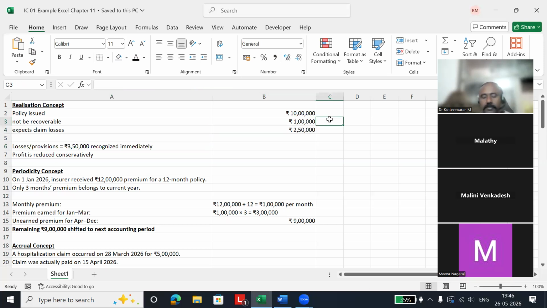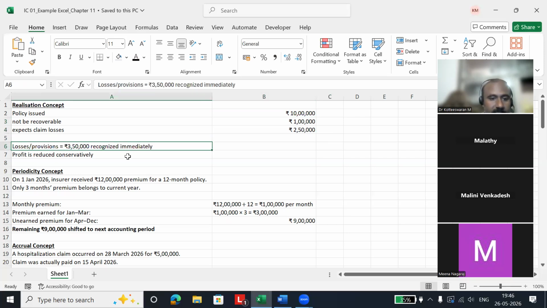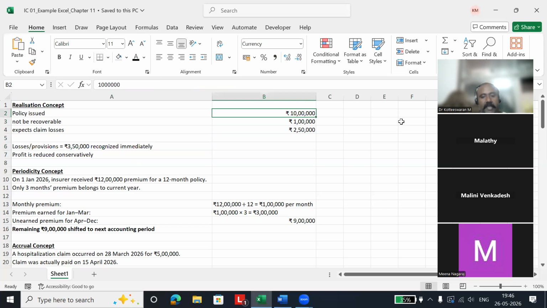The premium that has not come will also not be accounted. The 2 lakh 50,000 claims which we need to pay in future, though not paid yet, will also be accounted. So 3 lakh 50,000 we will minus immediately from the profit. So of 10 lakh, 3 lakh 50,000 will be minused, and we'll keep 6 lakh 50,000 as the profit. So this is clear.